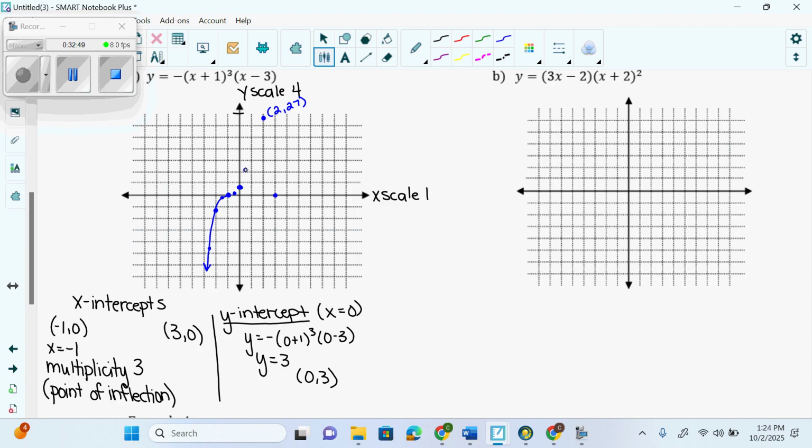And then 1 is 16. And then 1.5 is 23.45. And 2, try 2.5. 2.5 is 21 point something.